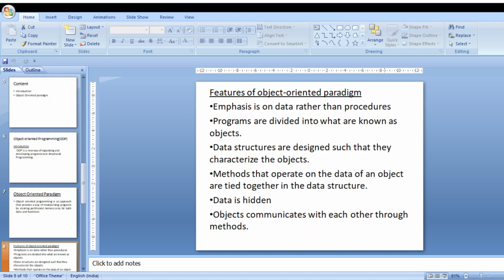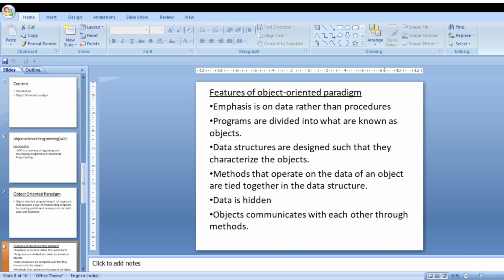Before moving on to that, we will discuss some more concepts about the object-oriented paradigm. Here emphasis, as we have already learned, is on data rather than procedures. A class consists of data and methods.